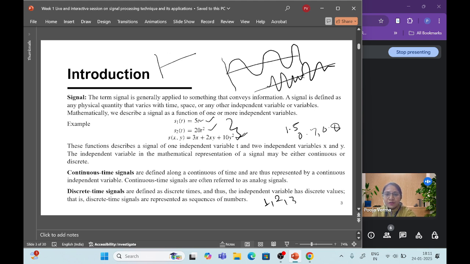It is defined at discrete instants of time, for example 1, 2, 3, and this value can be continuous. I hope all of you have watched the video lecture. Different types of representation of signals have been explained in the class, so you can refer to that.